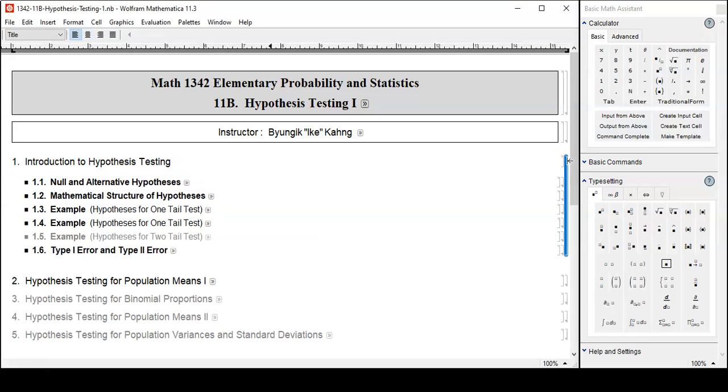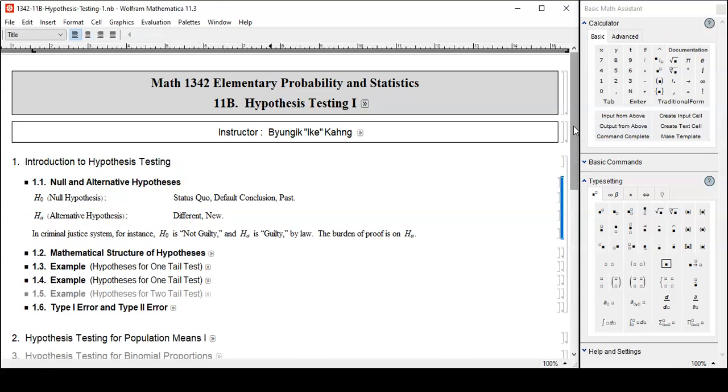Okay, let's begin. Here's the introduction. The mathematical hypothesis testing consists of two competing hypotheses: the null hypothesis H0 and the alternative hypothesis HA. What do you mean by the null hypothesis? Well, what is null?